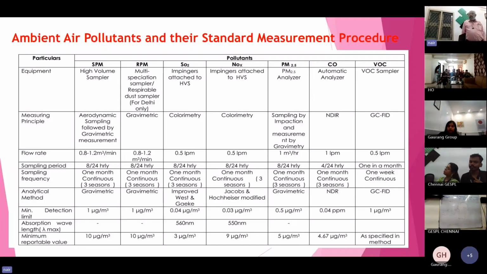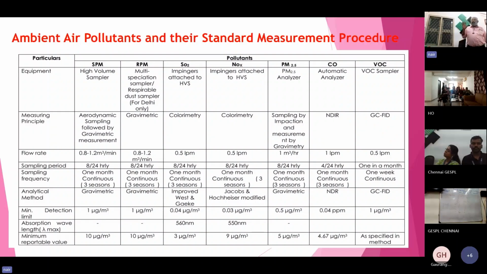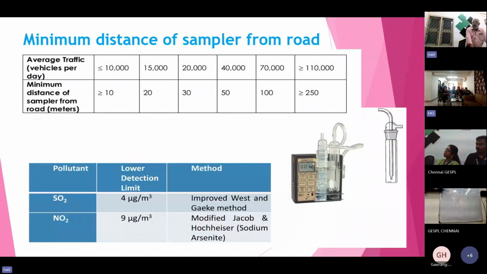I have seen results less than this. How does it come? Results below 0.04 microgram per cubic meter with the improved West-Gaeke method are wrong, because the minimum detection limit is that one. So when you check test reports for interpretation, ensure this is also checked.